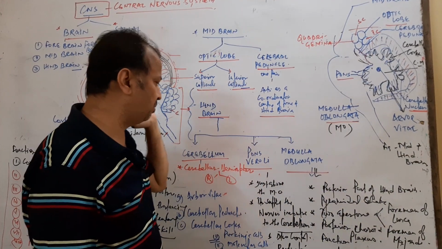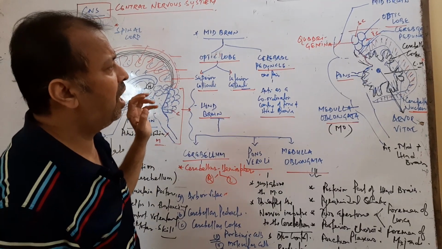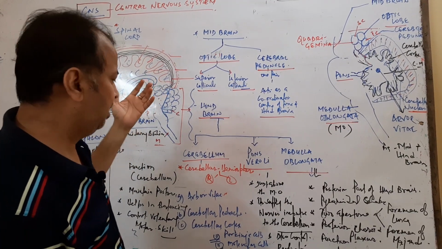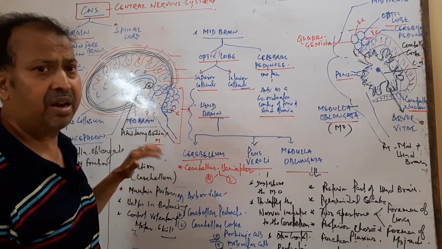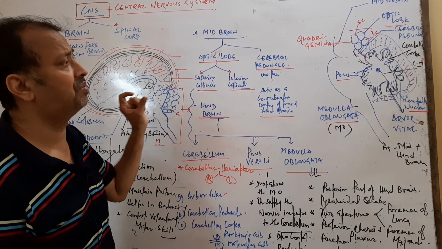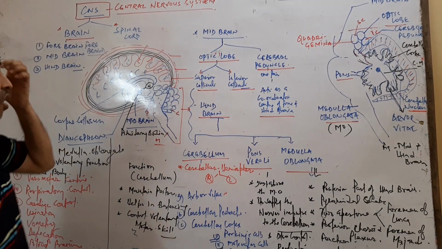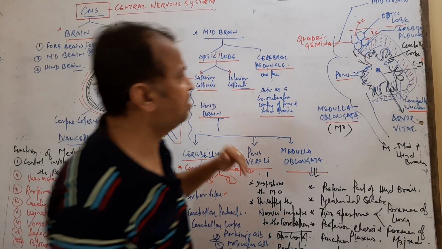So what is the cerebellum? The cerebellum is the part of the hindbrain which is differentiated into two cerebellar hemispheres, right and left. Inside the cerebellum, a tree-like structure is present.